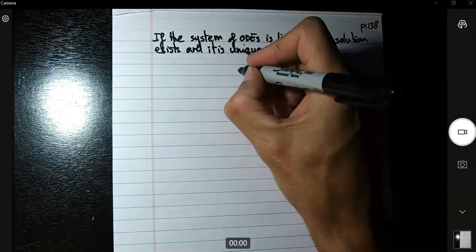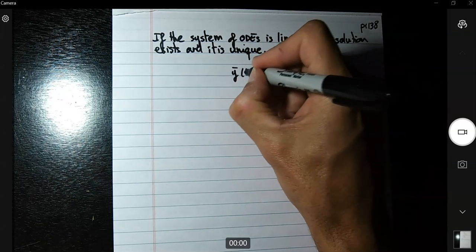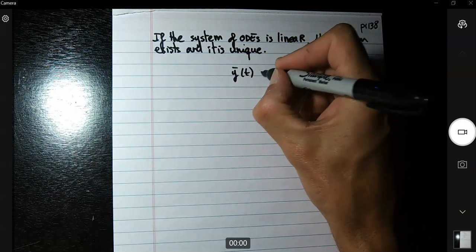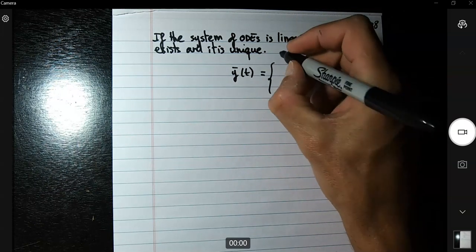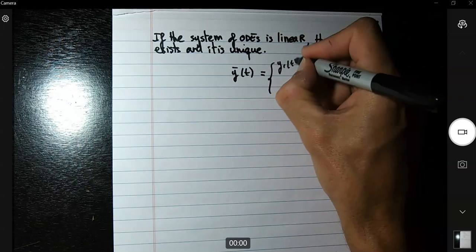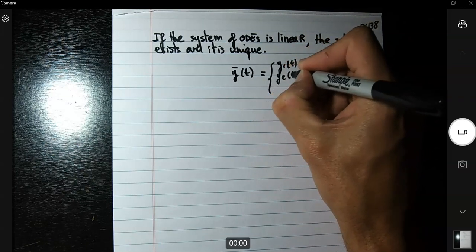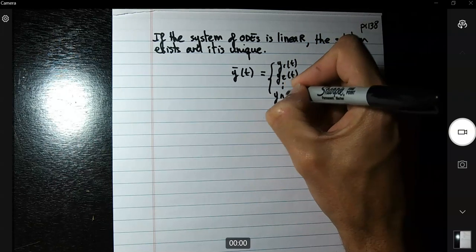So the solution y of t will be of the form y1 of t, y2 of t, until yn of t.